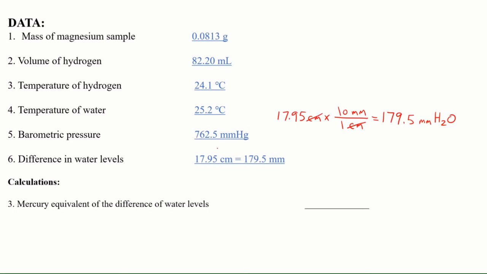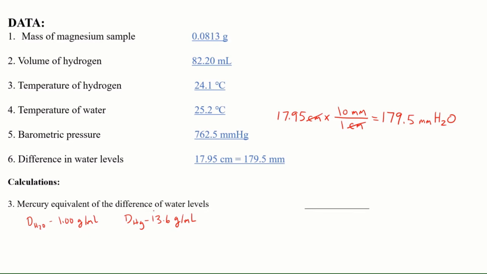Now calculation 3 is asking for the equivalent of mercury, or mercury equivalent. And if you remember from the ASA questions, we said that we need to look at the density of water, which is 1.00 grams per ml, and compare it to the density of mercury, which is 13.6 grams per ml.